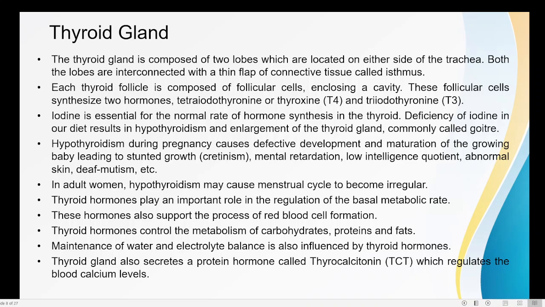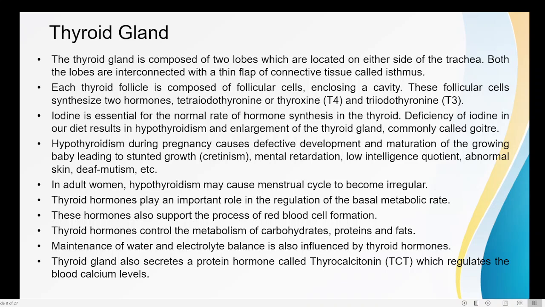Digestion is also influenced by thyroid hormone. The maintenance of water and electrolyte balance, electrolyte meaning salt, how much sodium or how much chlorine, is also influenced by thyroid hormone.